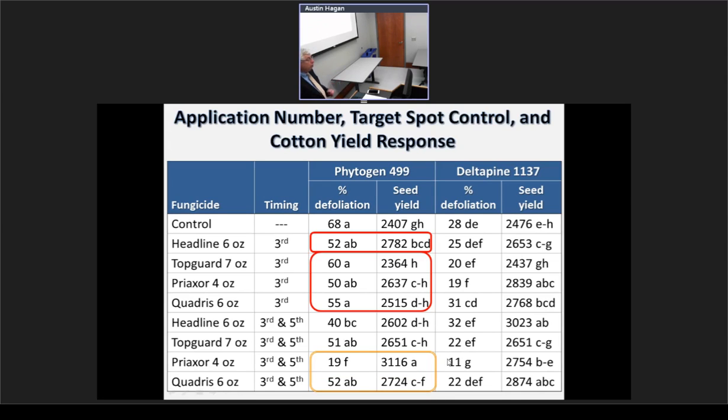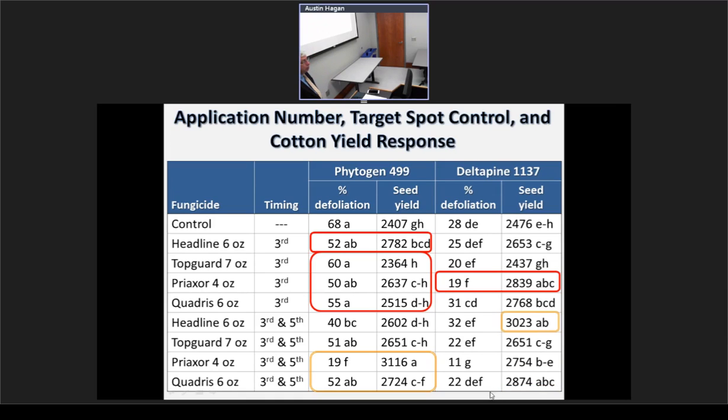With the 2 spray programs on Phytogen 499, the Pyraxor and the Quadris both gave a significant yield increase, with the 2 applications of Pyraxor being the best treatment in the study. If you go over to the other variety, the 1137, which we consider tolerant, the Pyraxor single spray actually worked well and gave us an increase in yield.